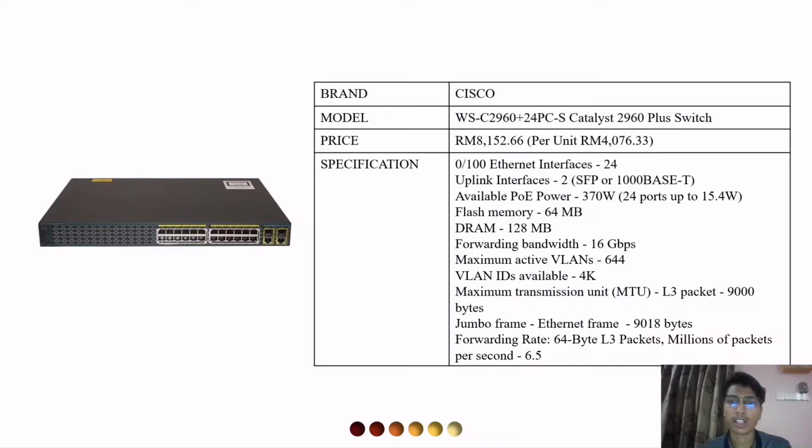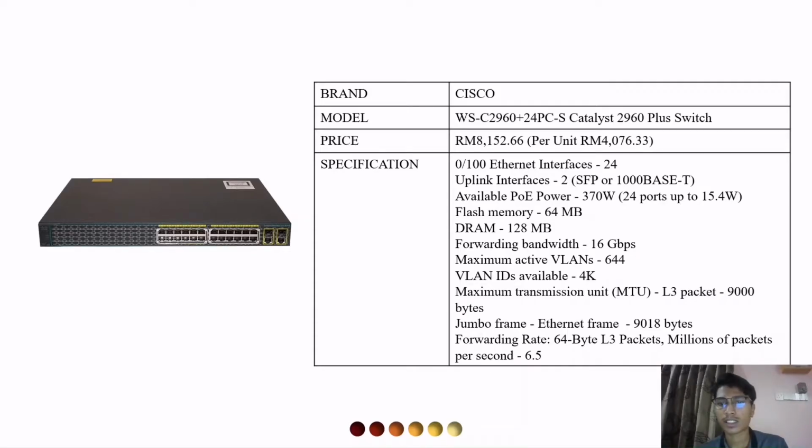Flash memory got 64 megabyte, and DRAM memory of 128 megabyte. Okay, forwarding bandwidth, we got 16 gigabit per second, and maximum active VLAN per switch is 64 VLAN. We can also have VLAN ID available in 4K.